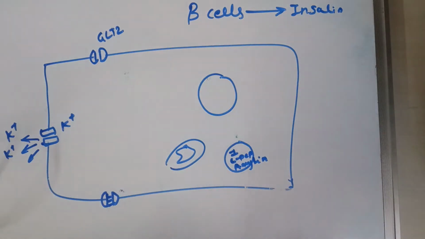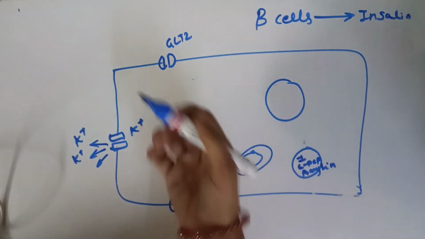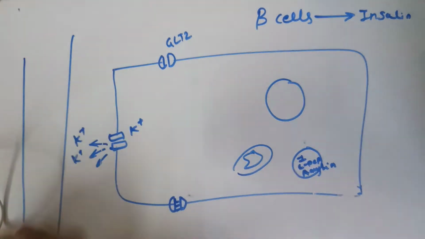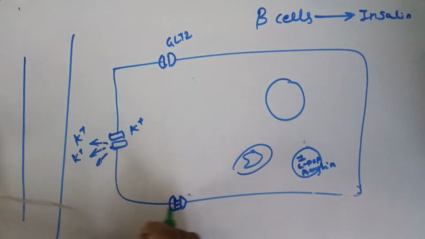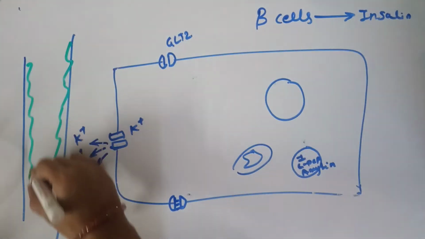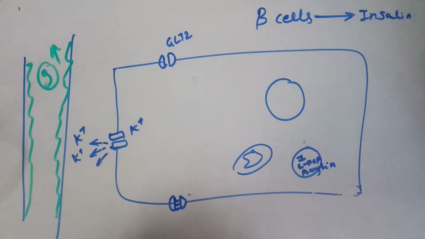Okay, so now suppose this is your blood circulation. Okay guys, this is your blood circulation, and in it there is a high glucose concentration. Now how exactly is this insulin synthesized?